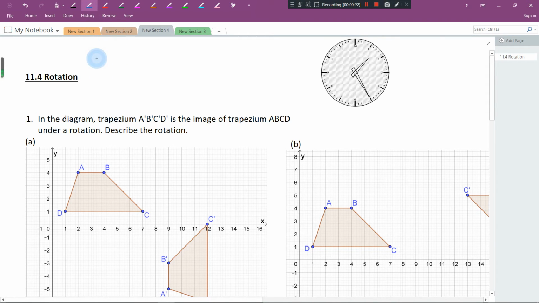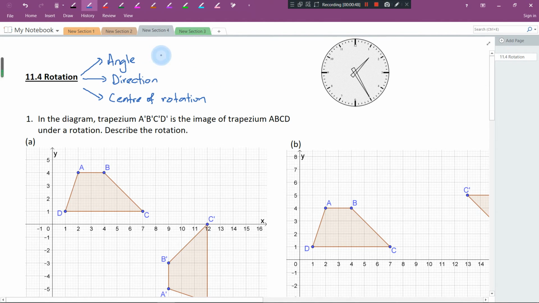Remember, to describe a rotation, you need three pieces of information. First one is the angle of rotation, how many degrees, and second one is the direction, clockwise or anti-clockwise, and the last one is the center of rotation.